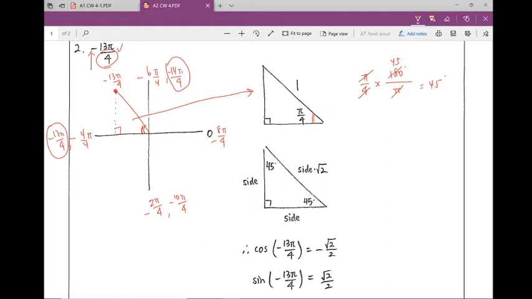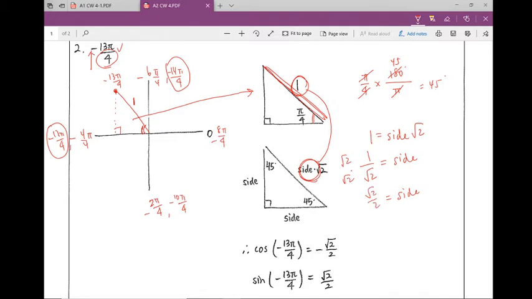For the triangle at hand, we know that the radius of our unit circle is always going to be 1. So since this 1 is going to match this hypotenuse here, we know that 1 equals side times square root of 2. We're going to divide by square root of 2 on both sides to get one side, and so side equals, once we rationalize the denominator, square root of 2 over 2.